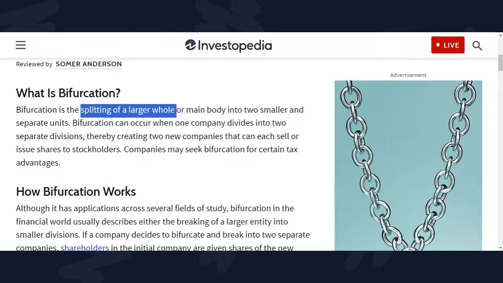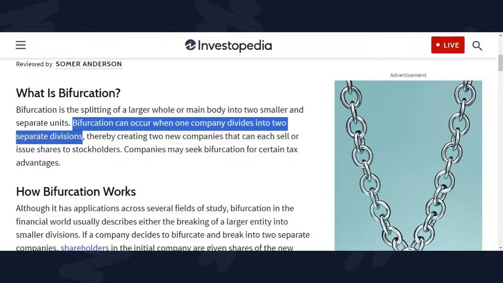Bifurcation can occur when one company divides into two separate divisions. This is the United States, a corporation conferring a nationality of a United States citizen, therefore dividing it into and creating another separate unit from the whole main body that already existed.